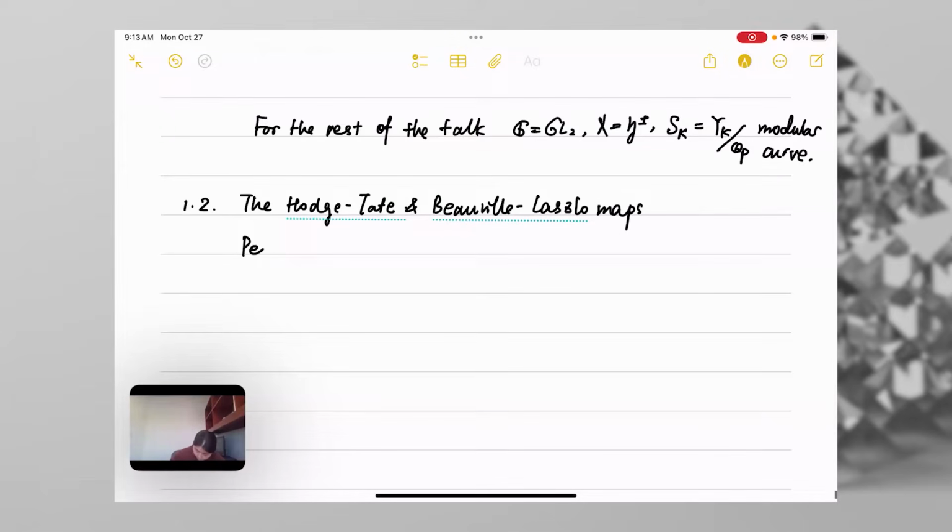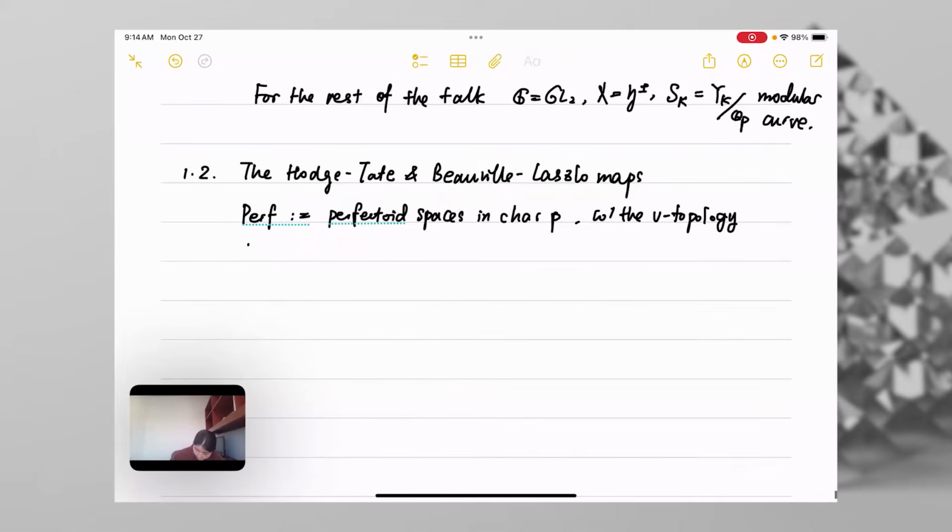As I said, I will view the objects as sheaves on perfectoid spaces. So let me denote by Perf the category of perfectoid spaces in characteristic p with the v-topology, which was introduced by Scholze as an analog of the fpqc topology for schemes.